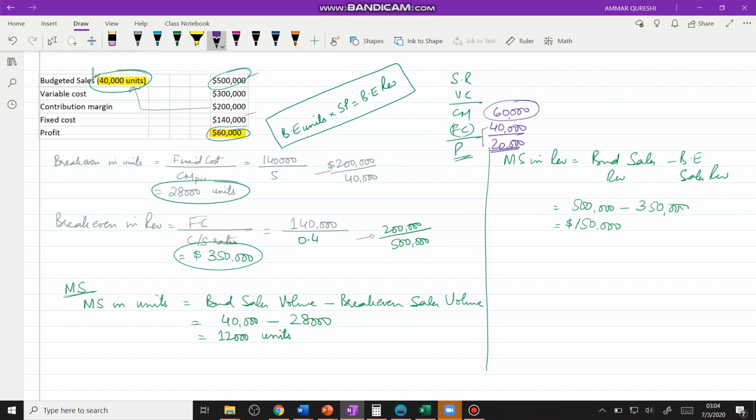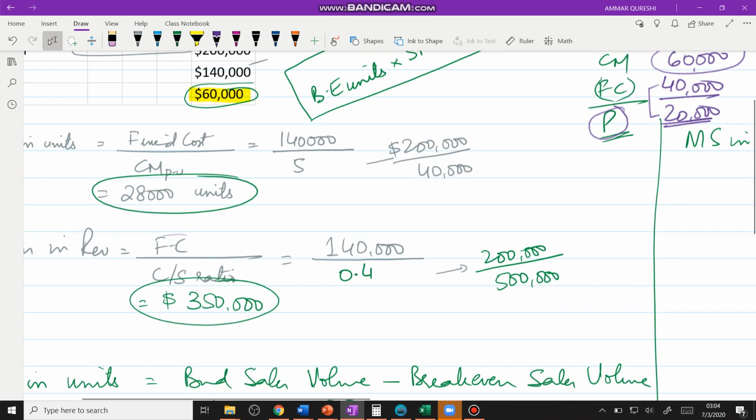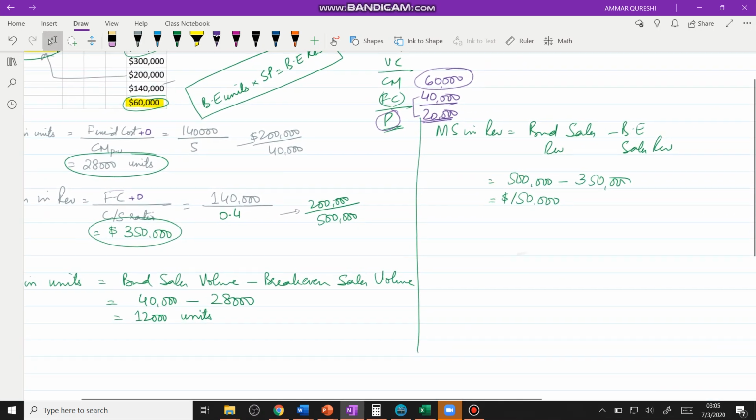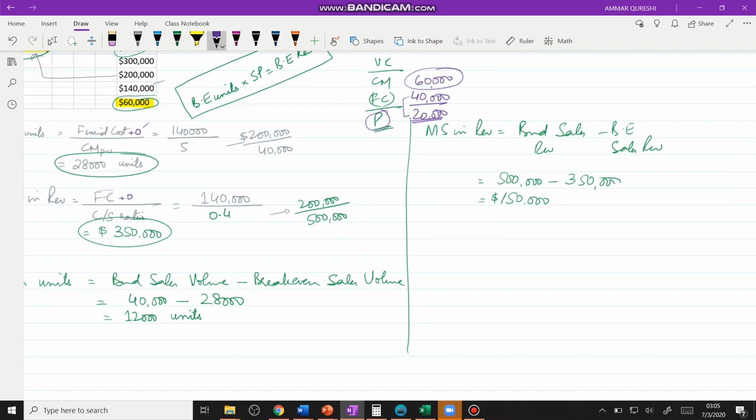That is the sum of fixed cost and profit. Whatever profit you want, you just add here and you will get the contribution. So in the break-even formula, we don't want any profit, so we add 0 here, and it doesn't make any difference. We don't show it here. We write 0 because we don't want to earn any profit, right? But if you want to earn a profit, you simply need to add that profit here.